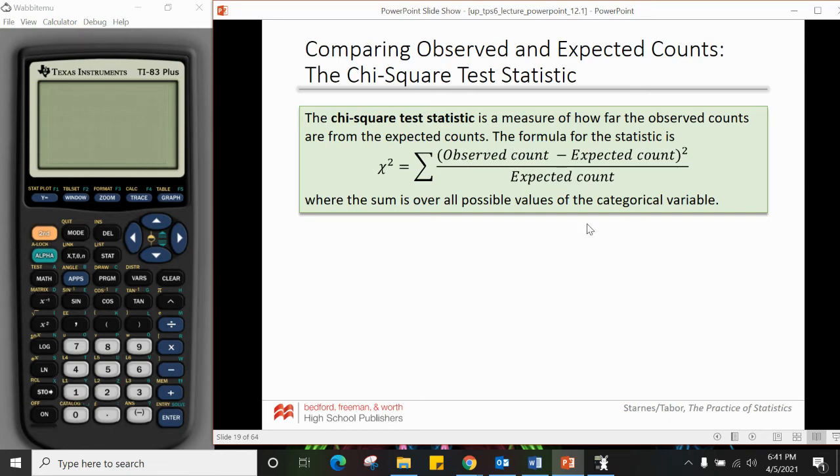You'd add them up, and that number is your chi-squared. Similar to if you're finding your x bar, it's value plus value plus value plus value plus value divided by the number of values. Same idea here, and then that number is your x bar. It is your sample mean. Here, whatever this number is, that's our chi-squared value.